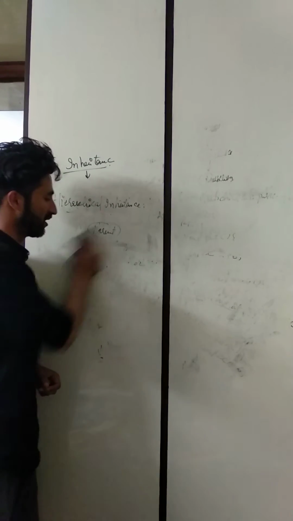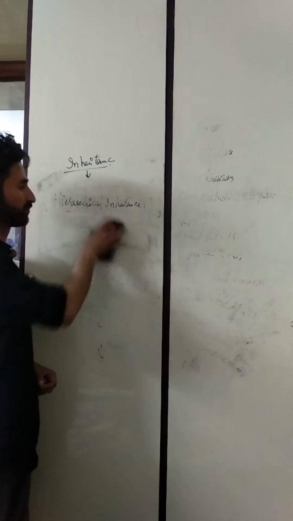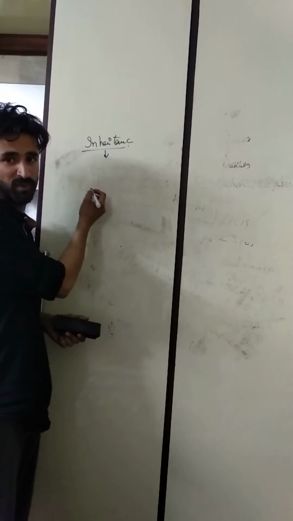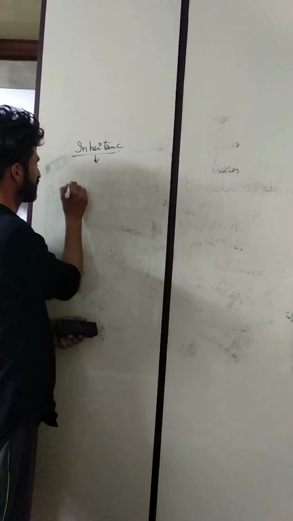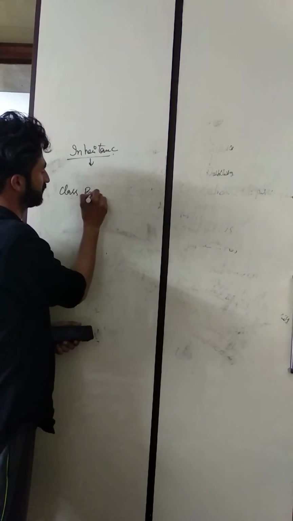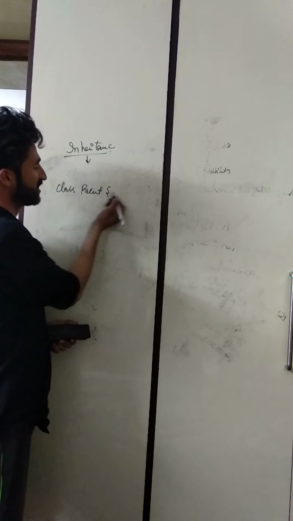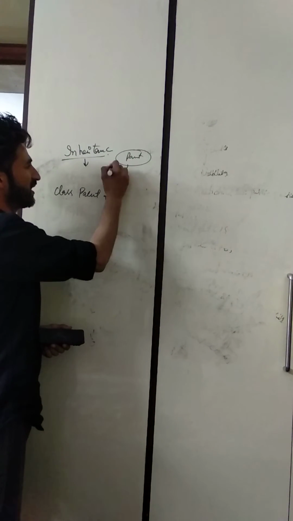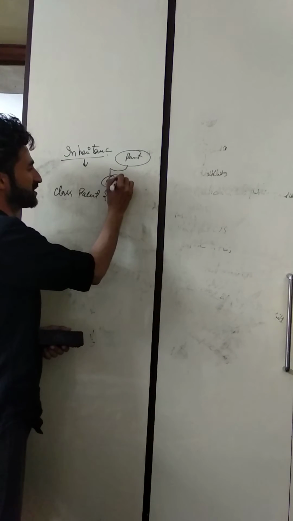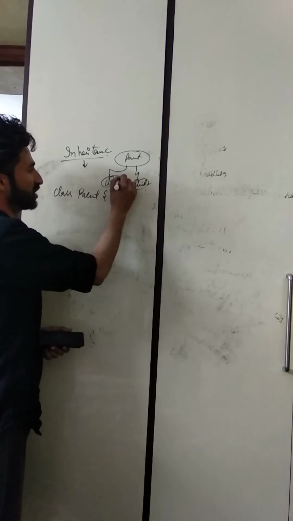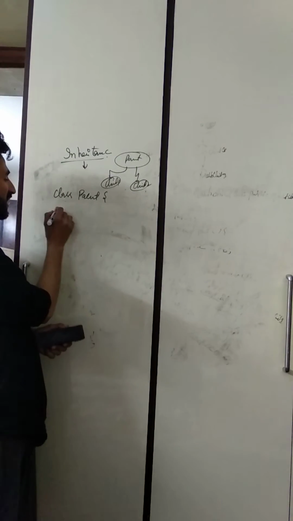So we can go for program of this. Make a pause. The example for hierarchical inheritance. So we have class parent, and the order is parent having multiple children, child 1, child 2. So I am creating class parent.